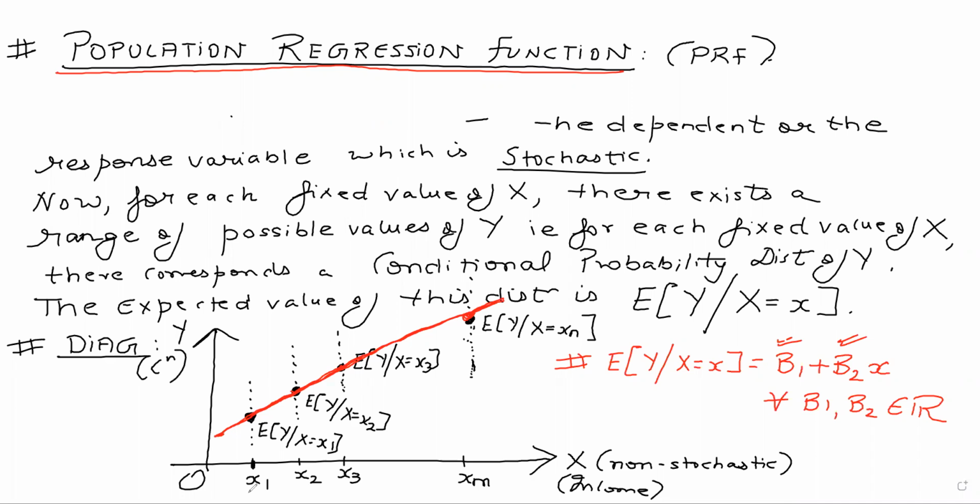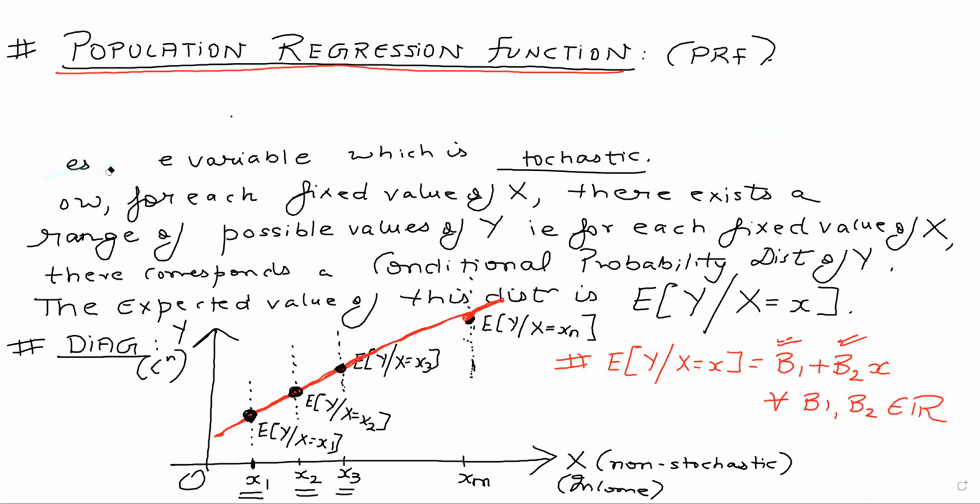So for the income level X1, what is my average consumption? This is my average consumption. For income level X2, I have a lot of consumptions, but what is my average? This. For income level X3, I have a lot of consumptions. What is my average? This, and so on. So I'm joining all these averages, which gives me the population regression function. So erasing all this, and the theory is not over yet. Let's further write more on this.